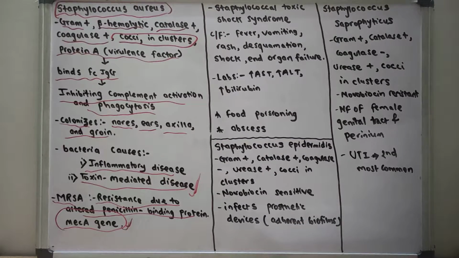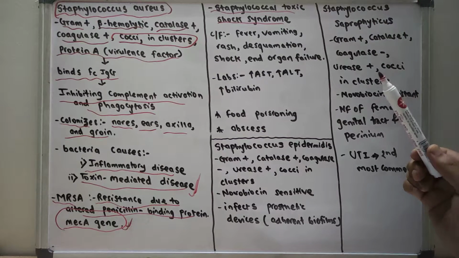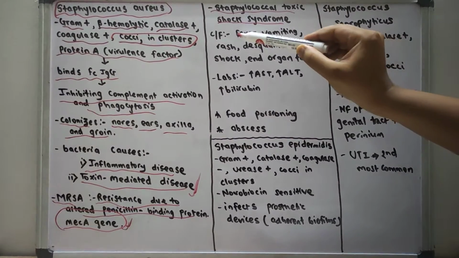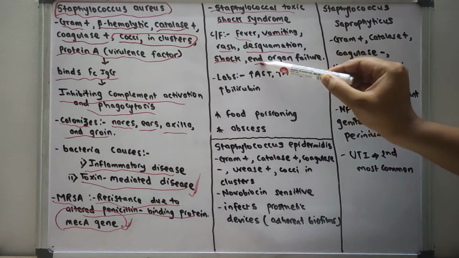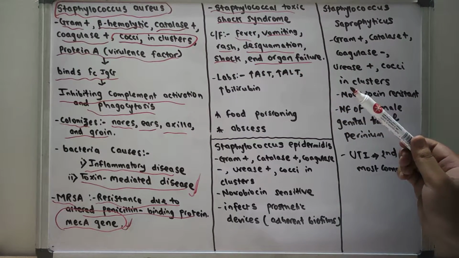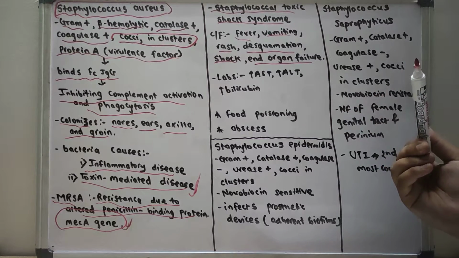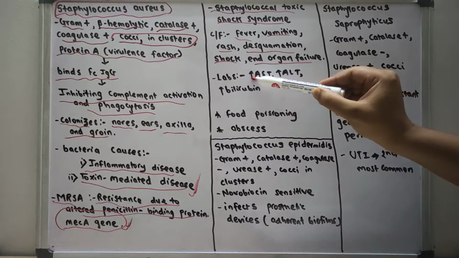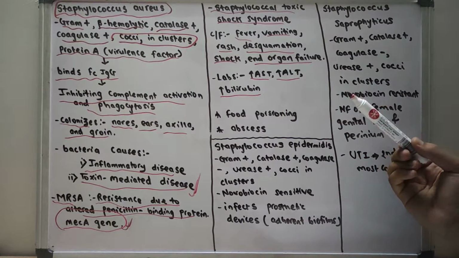Now let us talk about staphylococcal toxic shock syndrome. The clinical features of staphylococcal toxic shock syndrome are fever, vomiting, rash, desquamation, shock and end organ failure. The laboratory values associated with this toxic shock syndrome are increased AST, increased ALT and increased bilirubin level.